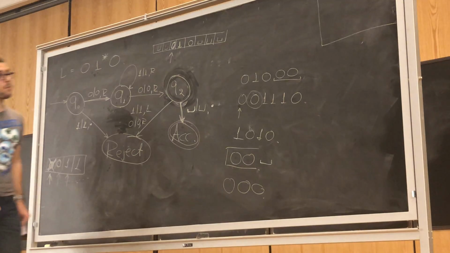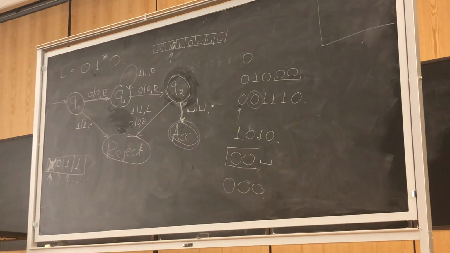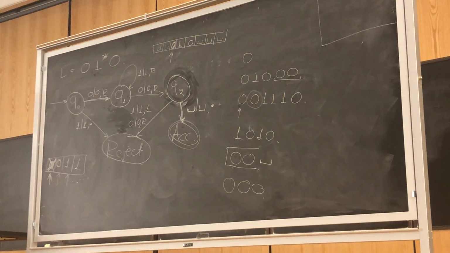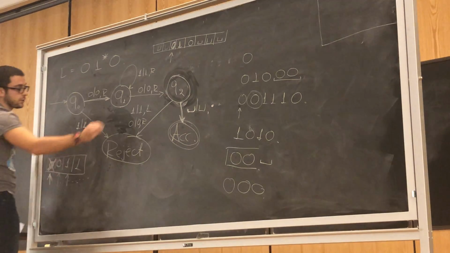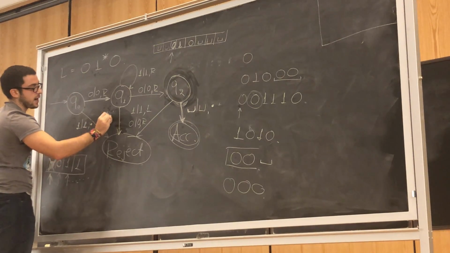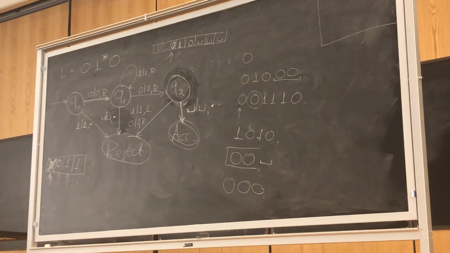What if I read the single 0 though? So what I can do is draw another arrow here with an input that is empty. I will still write the empty, and I will not move. Before Q0, you would also want to specify that there's an empty, right? So that you don't have anything before the zero.